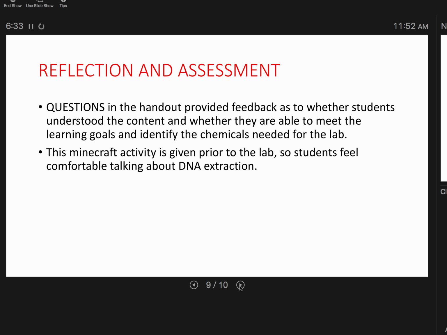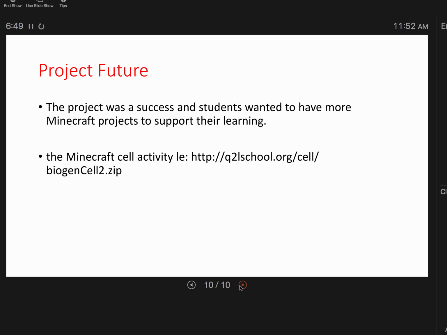Is it summative? Is it formative? But I think the handout with the questions helped guide the students, and the students could work out which salts or bases were needed to open up and get into the DNA.